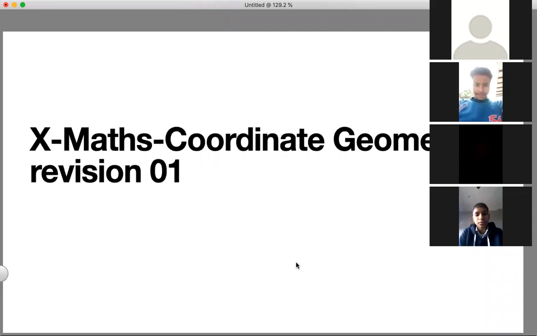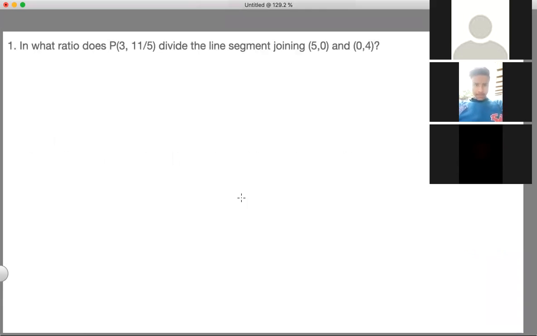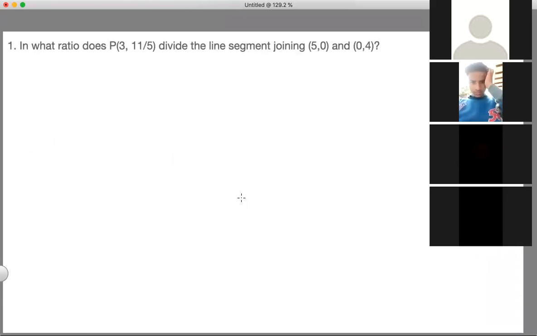Okay, let's get started. So coordinate geometry, let's do a few questions to revise. In what ratio does the point P (3, 11/5) divide the line segment joining (5, 0) and (0, 4)?